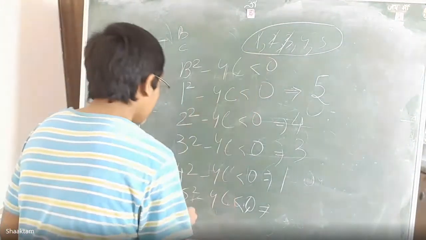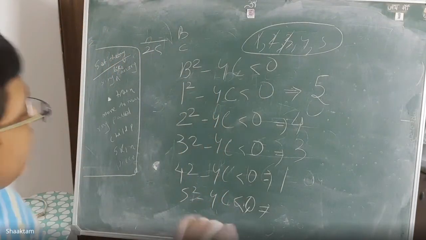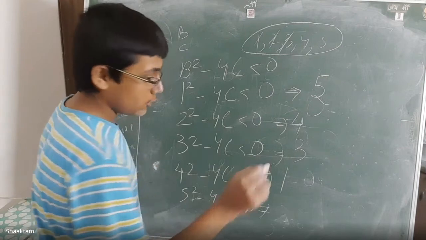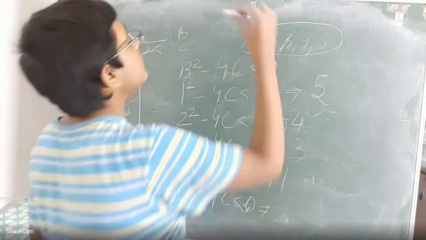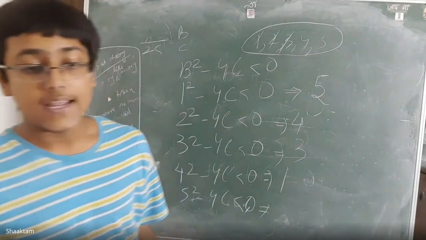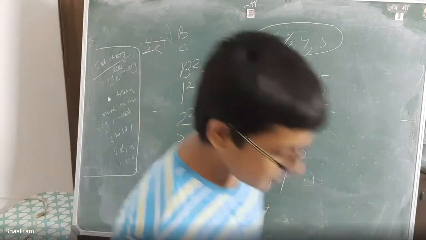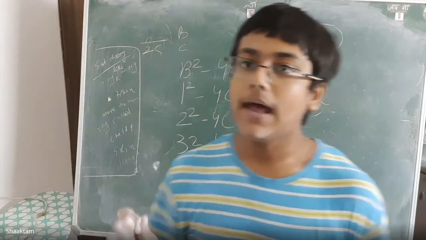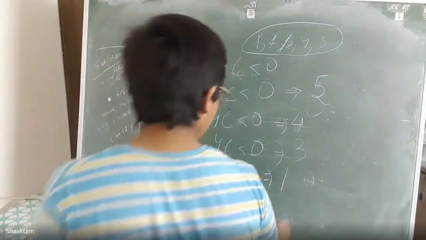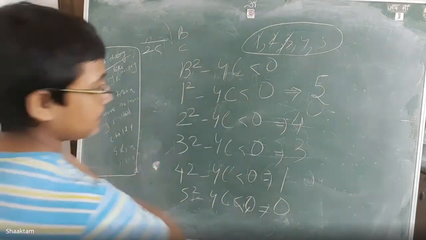If you put 3, you'll get 25 minus 4 into 3, 25 minus 12, which is 13. If you put 4, you'll get 25 minus 4 into 4, which is 9. And even if you put 5, you'll get 25 minus 20, which is 5. None of them thus apply in this question when we are taking B equal to 5. So here we get 0.